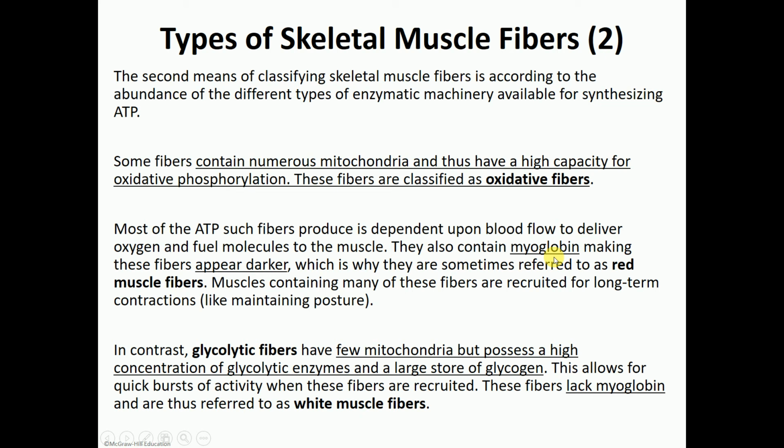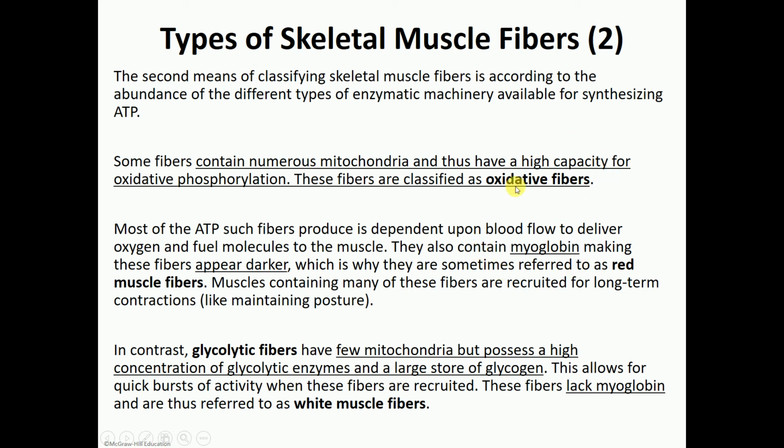So remember, the protein that carries oxygen in the blood is known as hemoglobin, while the protein that stores oxygen in the muscle is called myoglobin. Myoglobin is darker in color, and that's why these fibers are red. So think of a steak. A steak is red. These fibers have tons of myoglobin in them.